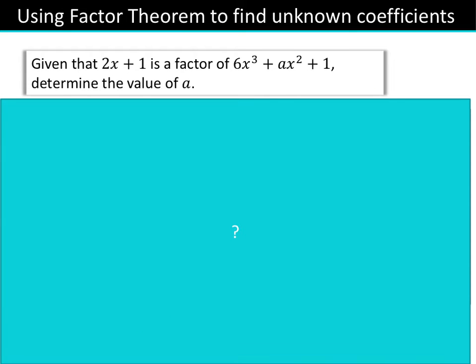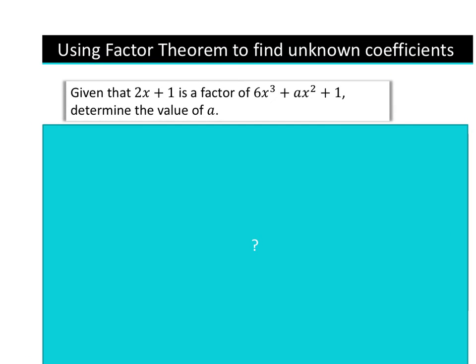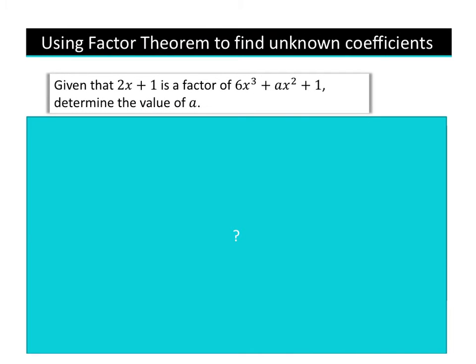So now we have using the factor theorem, and these are a bit more problem solving type questions because we need to find an unknown coefficient. It says that given that 2x plus 1 is a factor of this, determine the value of a. So if 2x plus 1 is a factor, we know then that x equals minus a half.